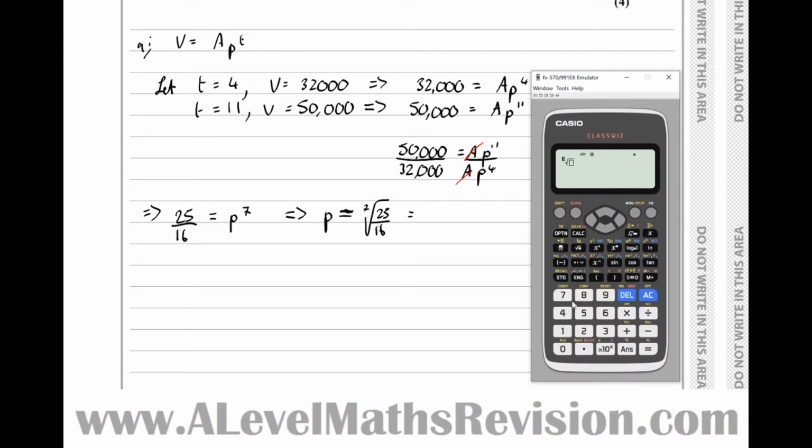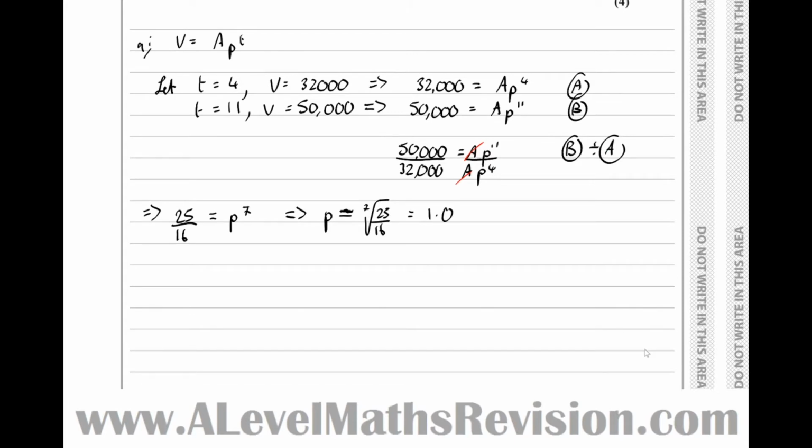So the 7th root of 25 over 16 to 4 decimal places as asked is 1.0658. 1.0658 to 4 decimal places. And it's not enough to lose a mark, but we should use the approximately equal sign there because we're rounding. Right, so that's part 1.